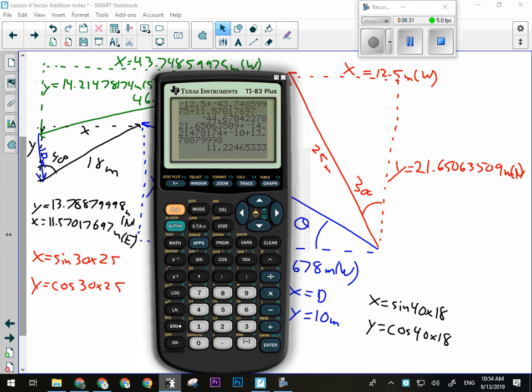Then I had this 10, where I went 10 meters due south, so I also added that on as a negative, because I made south negative. And then I finally added on the y component for my last vector, the black triangle, which was 13.788, and I made that positive because it was north. All right, everybody with me on that one?